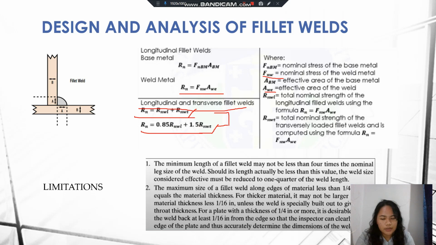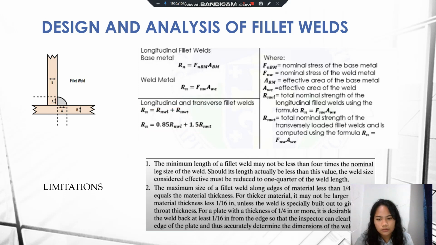So, ang sinasabi lang dito is yung length of weld natin is dapat greater than or equal to 4 times the leg. So, ito yan. Ito yung limitations, this two.